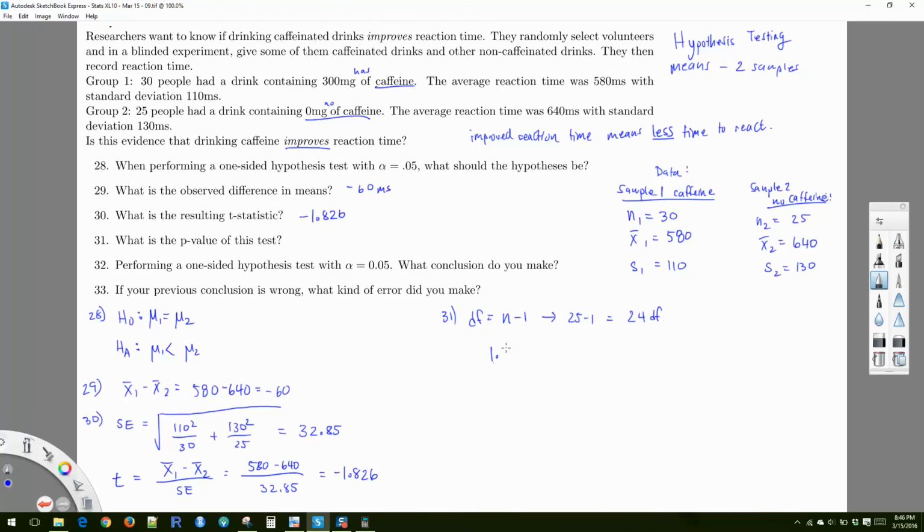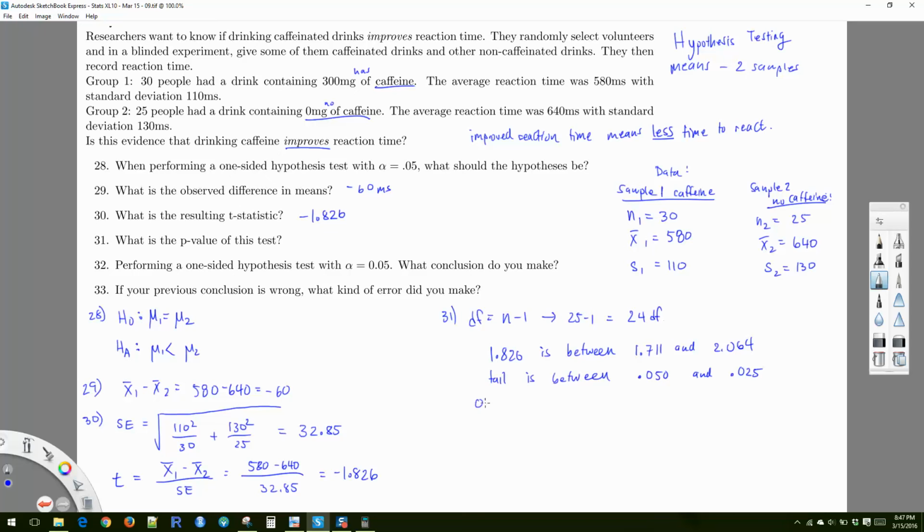So 1.826 is between 1.711 and 2.064. So our tail is between 0.050 and 0.025. Okay? Do I leave my tail area as is, or do I double my tail area to get the p-value? Leave as is, right? Because it's a one-sided test, okay?